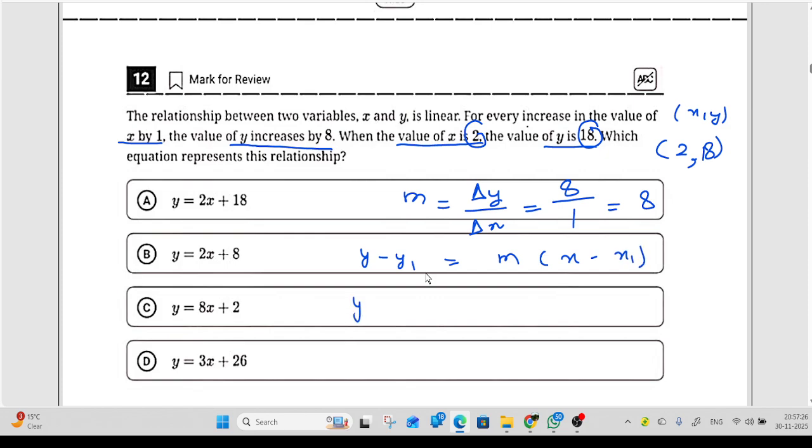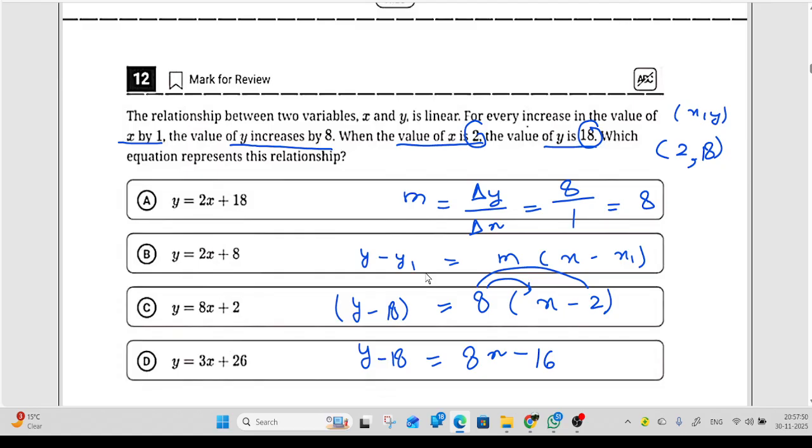So y1 is 18, this point we are using given in the question, is equal to slope 8 times x minus x1, where x1 is 2. Now if we multiply it and rearrange terms, this is going to be 8 times x, then 8 times 2 is 16.